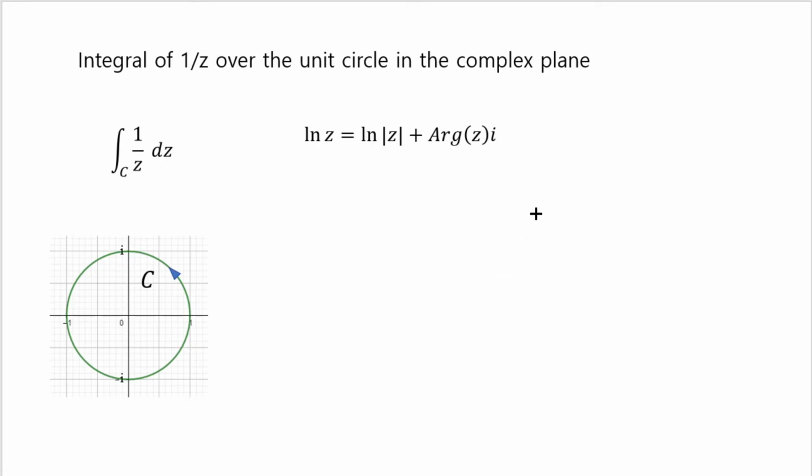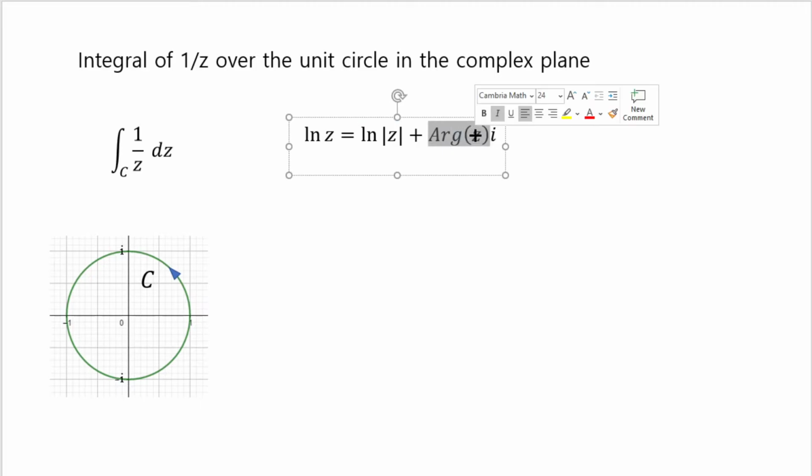See, you were told that log can only accept positive numbers, but once you learn the logarithms in the complex plane, you're told otherwise, that you can extend the meaning of the log as the log of the absolute value of z plus the argument. And argument means the angle.